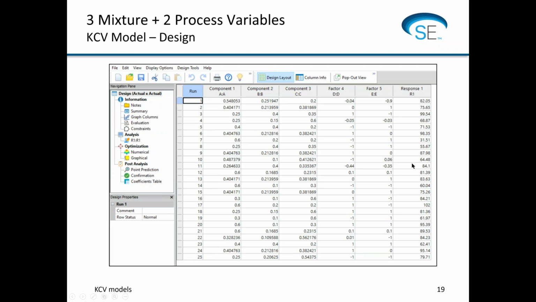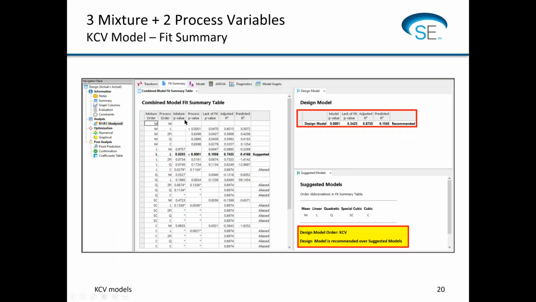Okay, and then they simulate the response and we analyze it. Now, analyzing is something I don't really want to dig into very deep, but basically we evaluate all the crossed models. We evaluate the mixture using just the mean, and try to fit the data with just the linear, two-factor interaction, quadratic and cubic model for the process, then cross those choices with the linear mixture, then with the quadratic mixture, and so on.